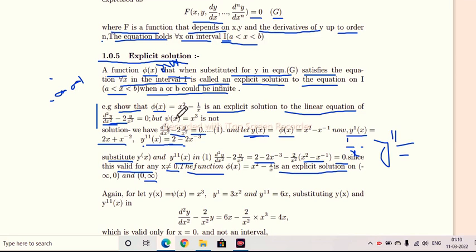So phi(x) is an explicit solution in both intervals, minus infinity to 0 and 0 to infinity. This is the basic concept of understanding the explicit solution of the differential equation.